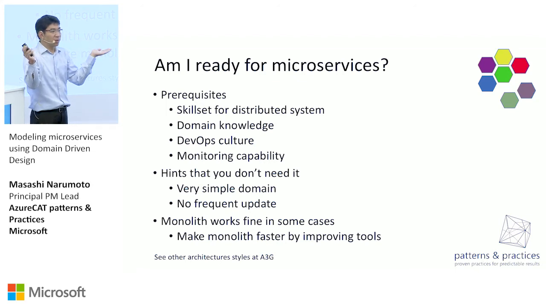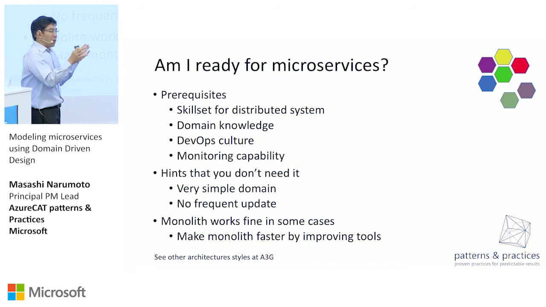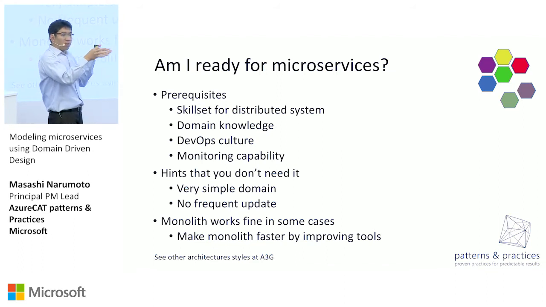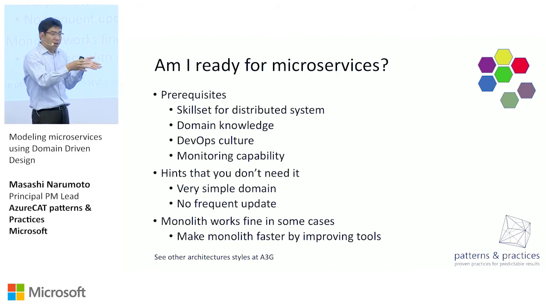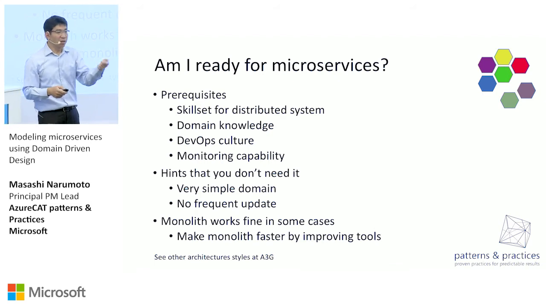It's a combination of two difficulties. So let's start with a monolith or something already familiar to understand that domain, then break it down into microservices. This two-phase approach makes more sense than jumping into microservices.